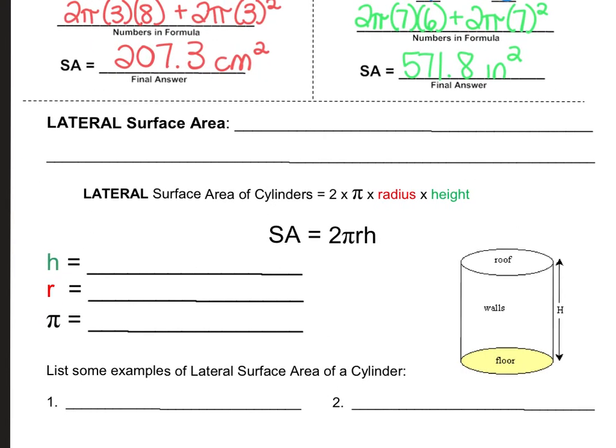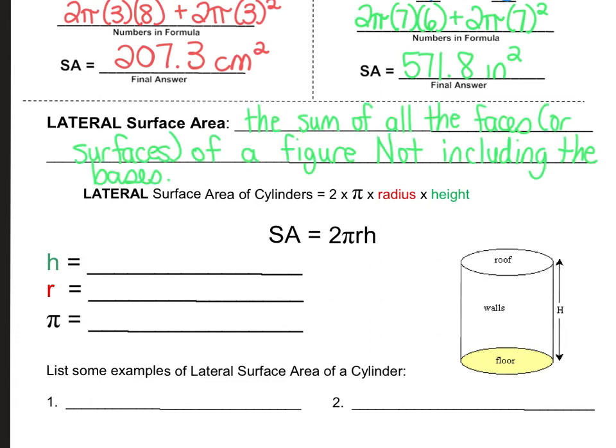So now we're going to move on to lateral surface area. We did define this in the last note set, but we're going to define it again. So remember that it is the sum of the faces or the surfaces of a figure, not including the bases. Therefore, it's only the first part of our total surface area equation. It's just the 2 pi RH.